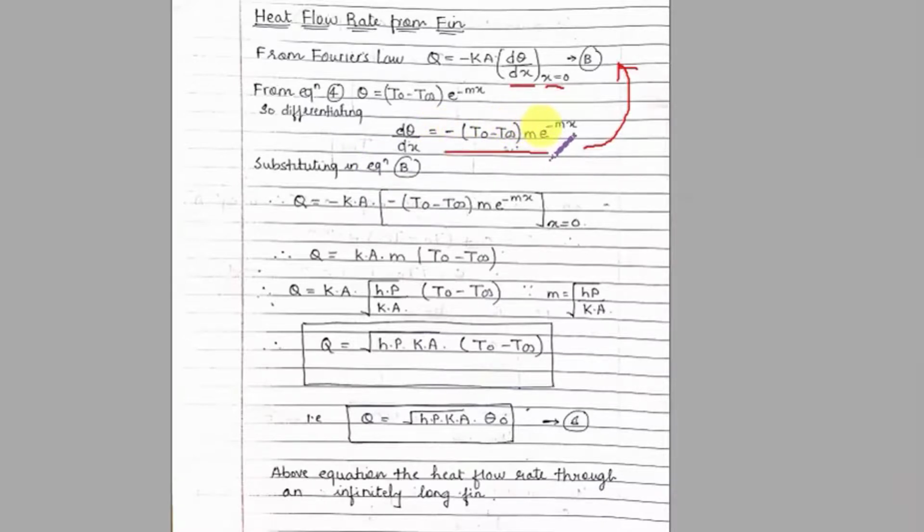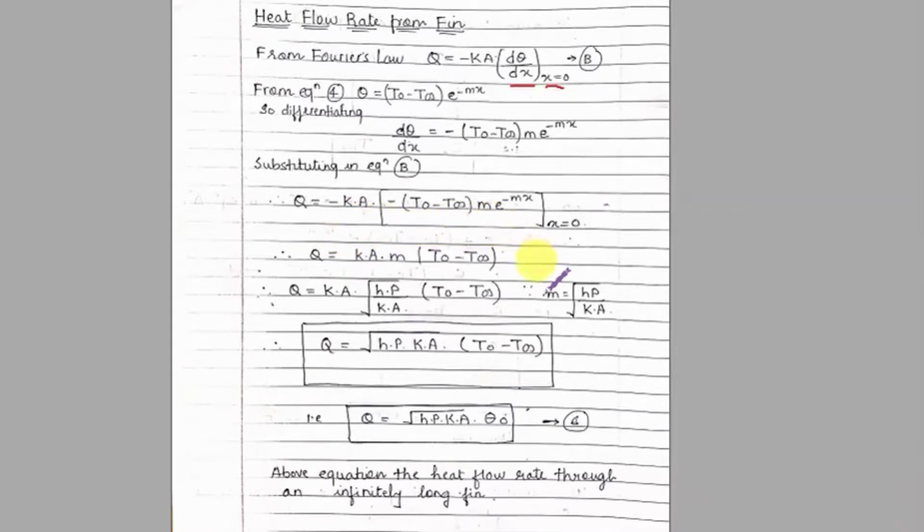This minus and minus sign get cancelled. So what I get is Ka m T0 minus T infinity, and the exponential term will be equal to 1. Why? Because if I put x equal to 0, e to the power 0 is nothing but 1. So I am getting Q equal to Ka m T0 minus T infinity.